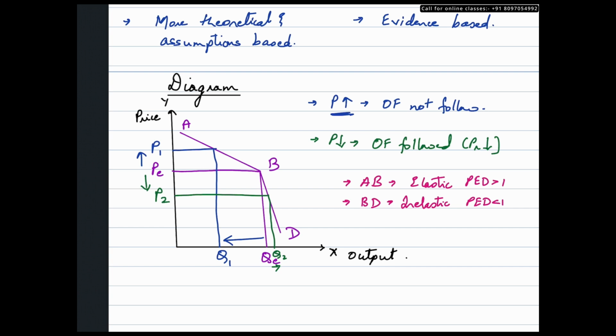They would rather focus on non-price competition, which includes product differentiation, maybe better after sales services, maybe better customer care, better customer relationship management, better advertisements, so on and so forth. And this is why we say that the firms under an oligopoly market are highly interdependent on each other. All right. So this is the reason why you would say the demand curve under an oligopoly market would have a kink.